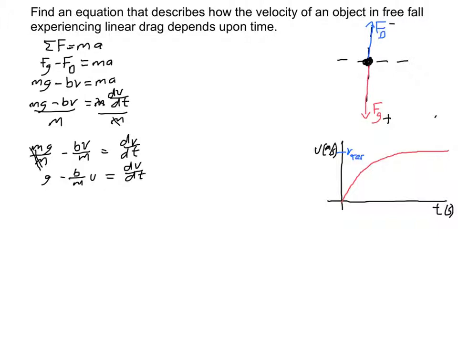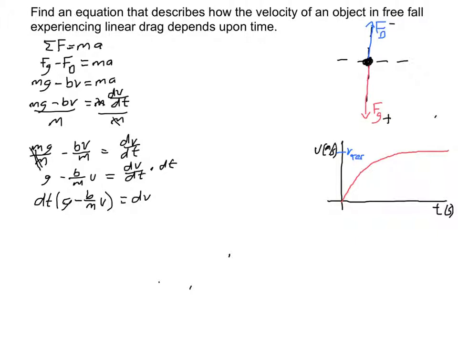Now I'm ready to separate my variables. I'm going to have to move this entire thing over underneath the dv and this dt over to the other side. I don't have any other t's, but let's start out with that. Let's multiply both sides by dt. So let's get it over here. Now I've got dt times (g minus b over m times v) equals dv. Now this entire part right here has a v in it, so I've got to get it over with the dv.